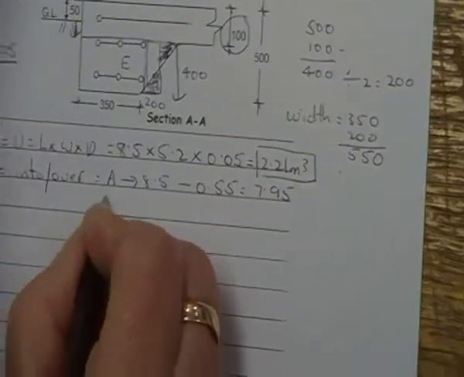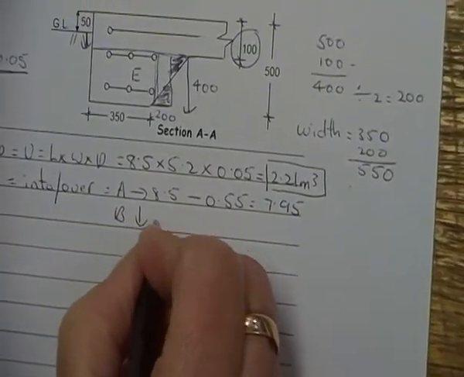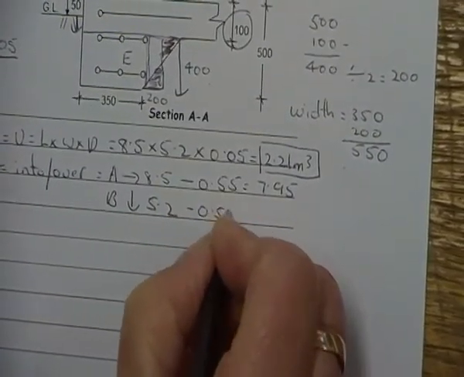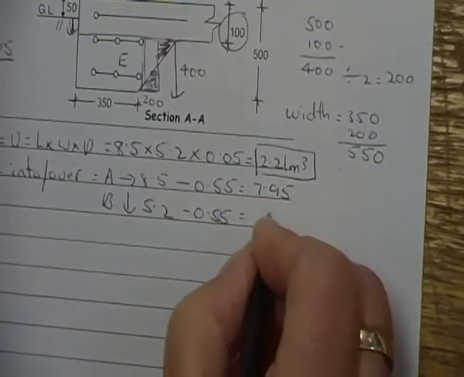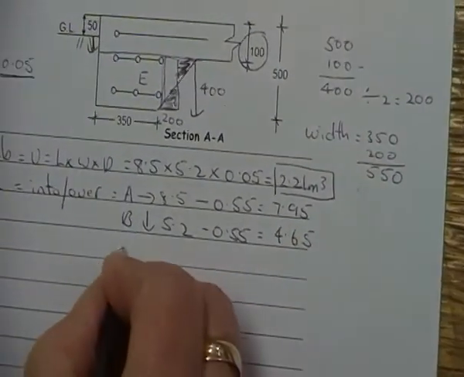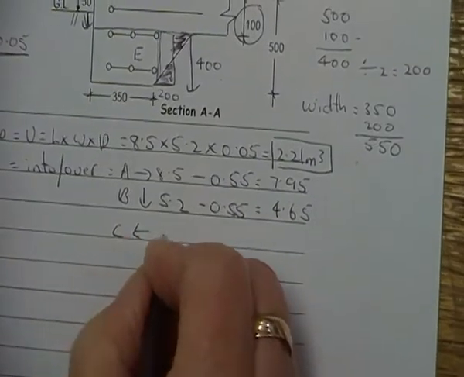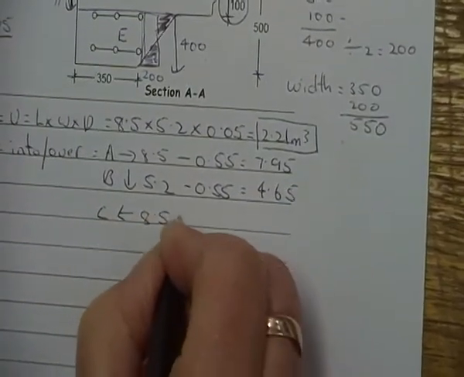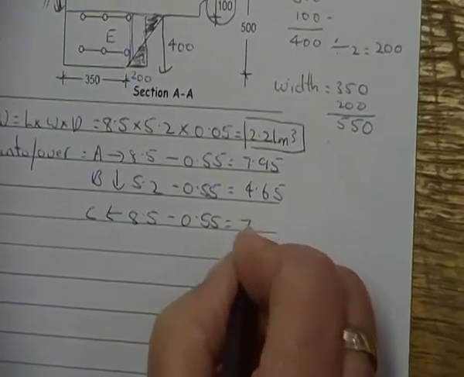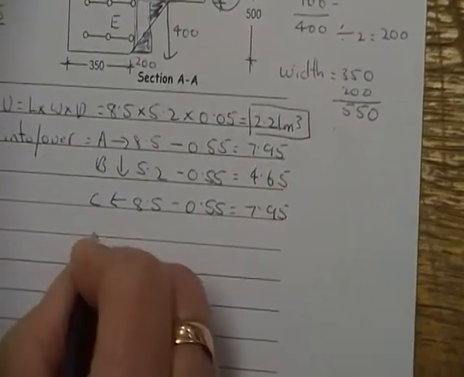So that's going to give me 7.95. Now B is going down and that's 5.2 and minusing 0.55, and that will give me 4.65. C, I'm going across, is 8.5 again, minus 0.55, and that's 7.95.